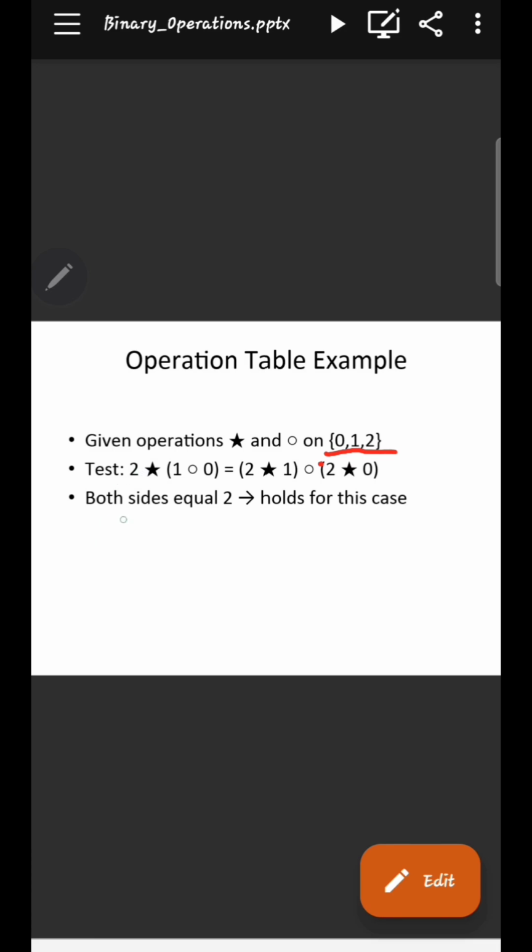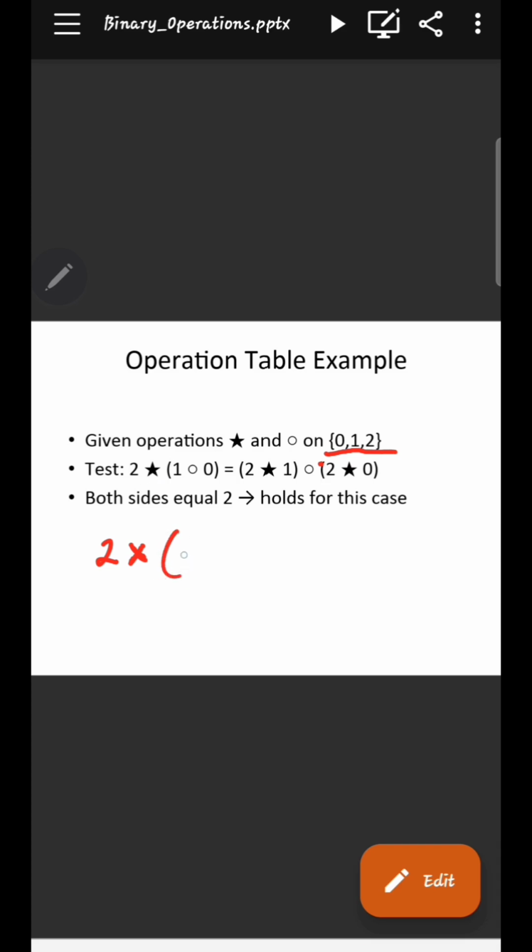I'm assuming that this star is a multiplicative operation.